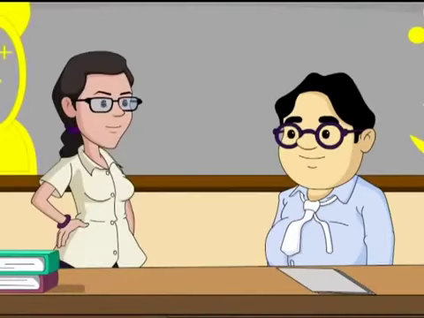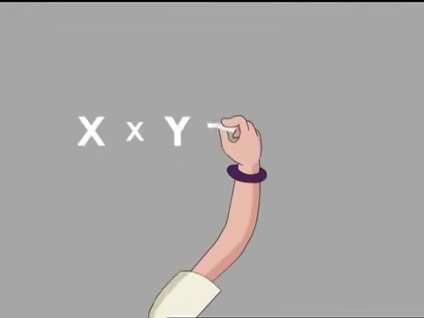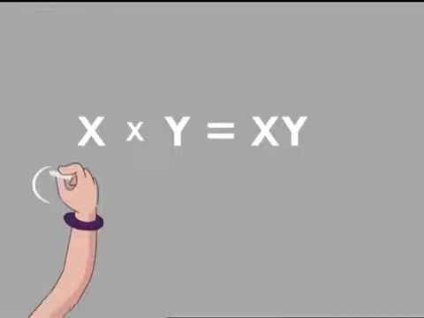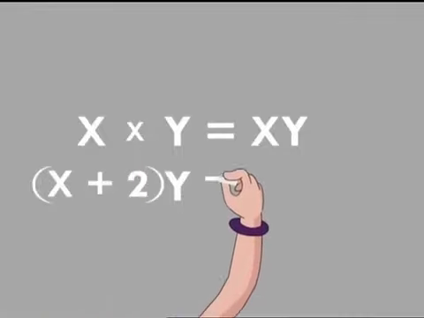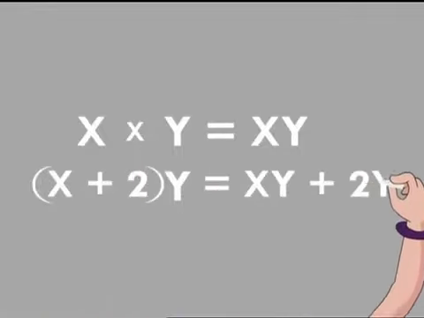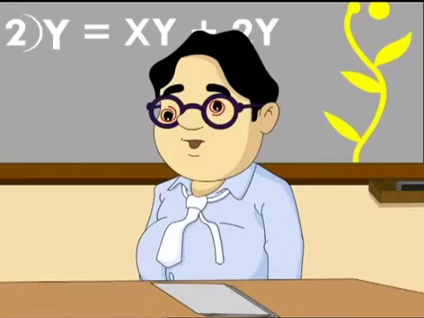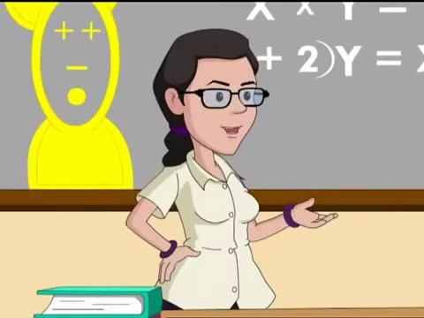Yeah, just like in math. How? Like in math, if you multiply x, y and (x plus 2) whole y, you get different results. For instance, xy plus 2y is the product in second case. Oh! Snail, try to understand.